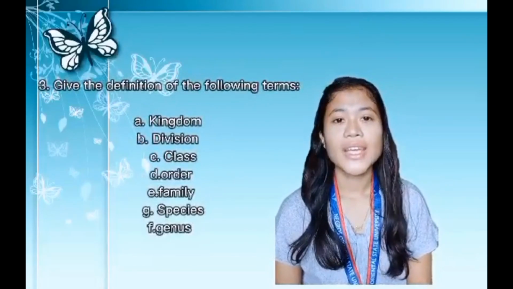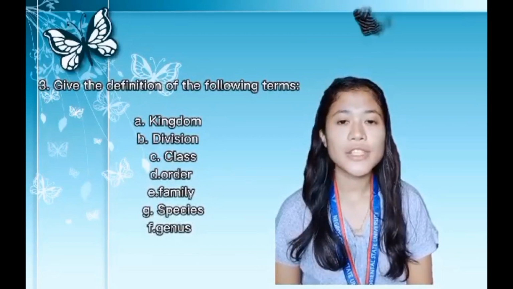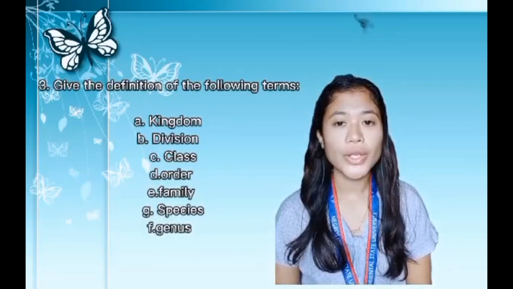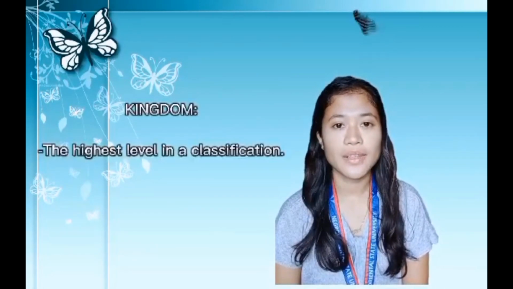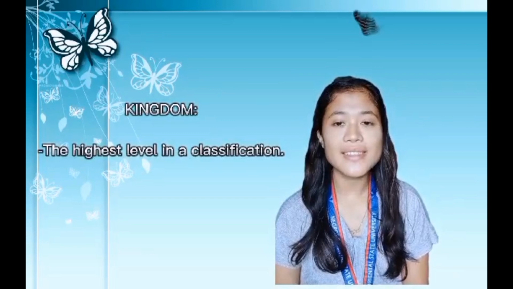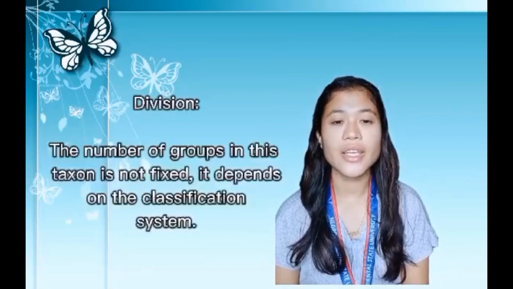Number 3. Give the definition of the following terms: the kingdom, division, class, order, family, genus, and species. Let's go first with the kingdom. Kingdom is the highest level in a classification. Example, the animal kingdom and plant kingdom. Next, the division.